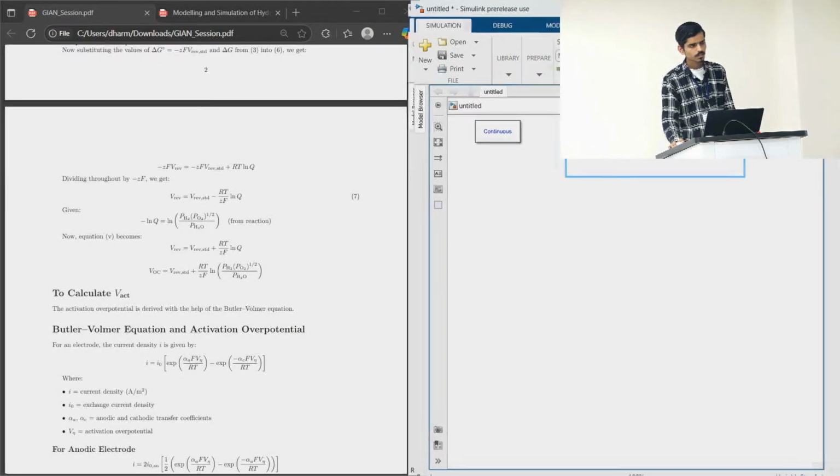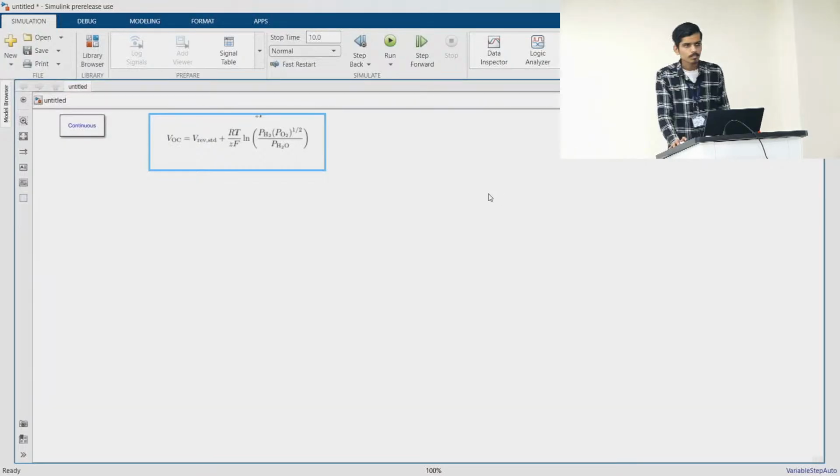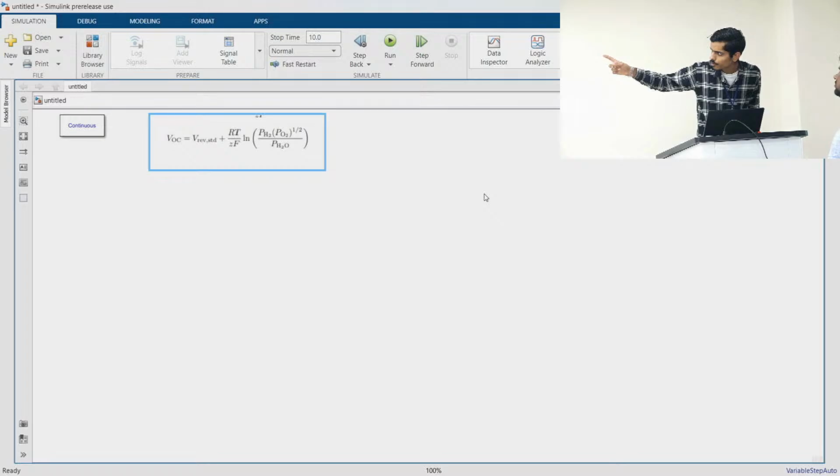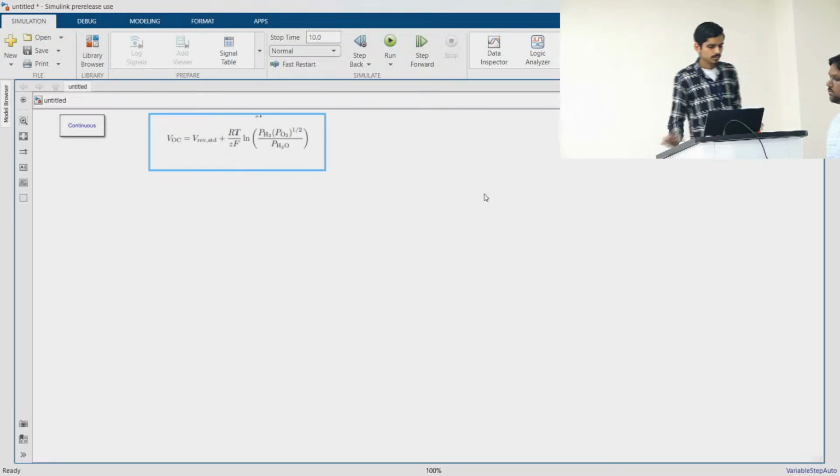So here we put the screenshot for the first equation. Now we are going to model this equation. Just copy paste.